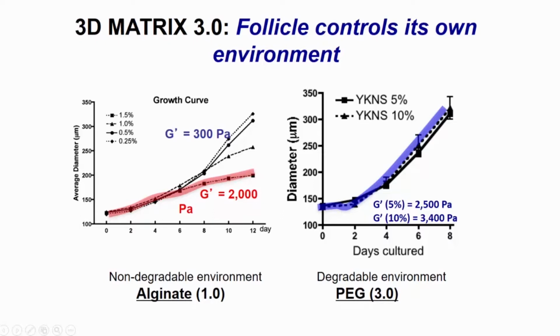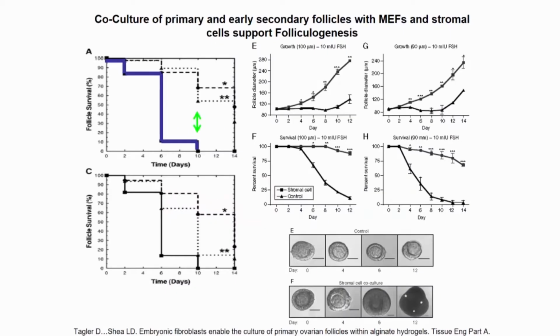Then the question was, okay, secondary follicles is great. Can we go and try to grow primary follicles? A paper published in Tissue Engineering from the Shea Lab showed that if you take primary tiny follicles, anywhere between 80 micron diameter to 110 micron diameter, and you co-culture them with either mouse embryonic fibroblasts or stroma cells from the mouse, they really do better.